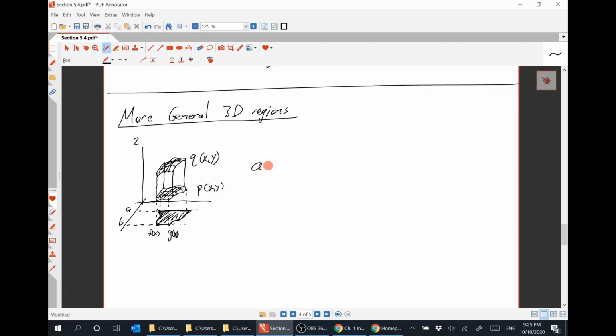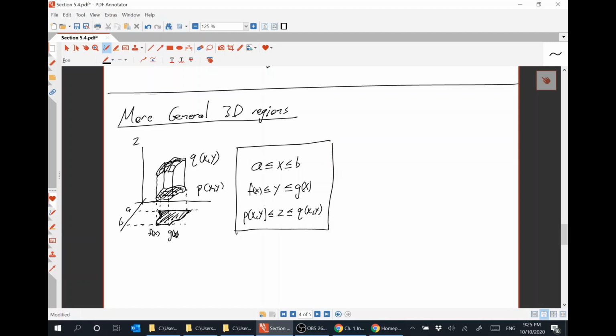So you have a less than or equal to x less than or equal to b, f of x less than or equal to y less than or equal to g of x, and then p of xy less than or equal to z less than or equal to q of xy. So we don't say type 1, type 2, because there are actually 6 different ways to order such a thing.